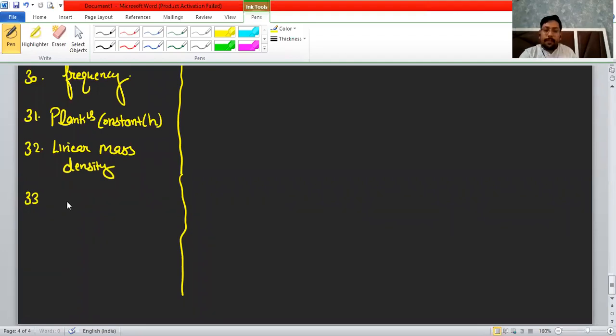Coefficient of viscosity. And then refractive index.